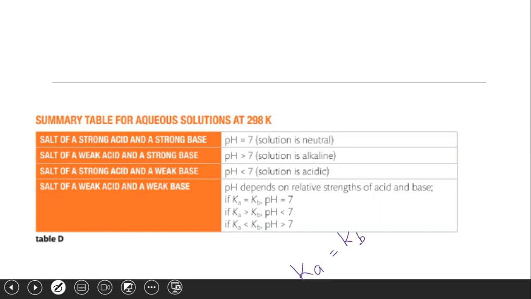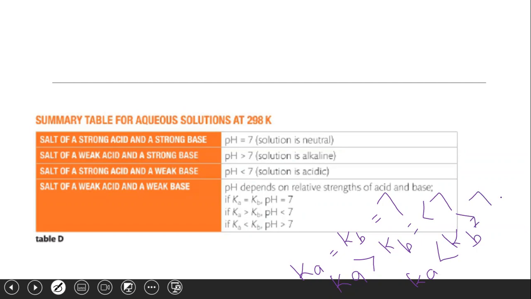If both of them, the weak acid and the weak base, have the same dissociation constant, the pH of the salt will be 7. If the dissociation constant of the acid is greater than the dissociation constant of the base, it will be less than 7. It will be towards acidic. And if the dissociation constant of the acid is less than the dissociation constant of the base, it will be more than 7. So this is how you determine the pH of the salt.